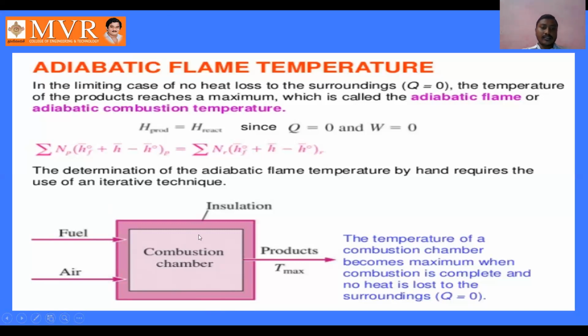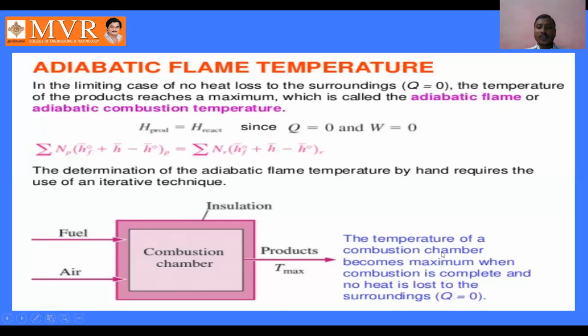The gases developed here, and the heat generated here, will not cross this insulation. The heat which has been generated does not cross the boundary or insulation of the system. Here the products are at T maximum.